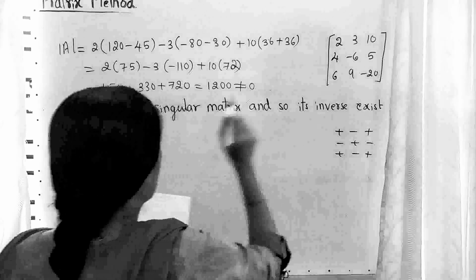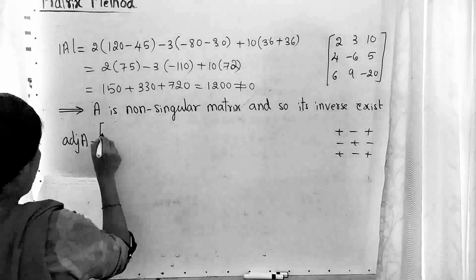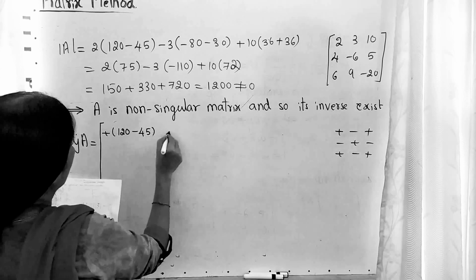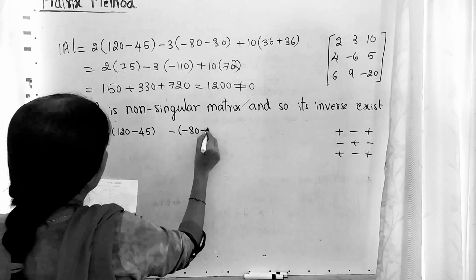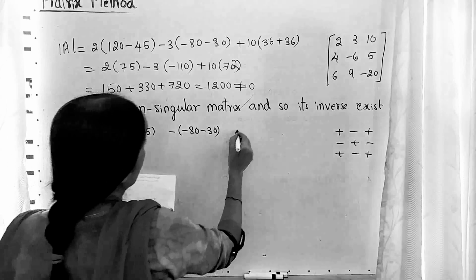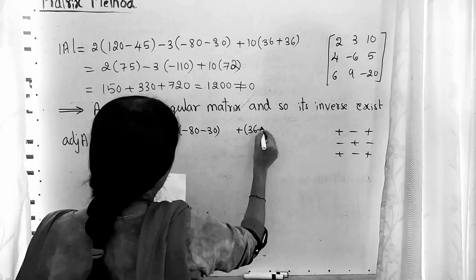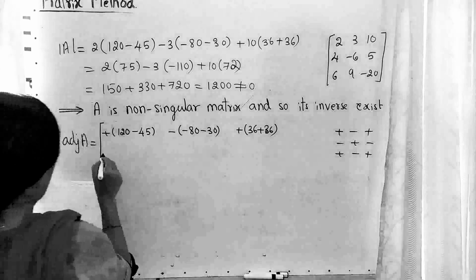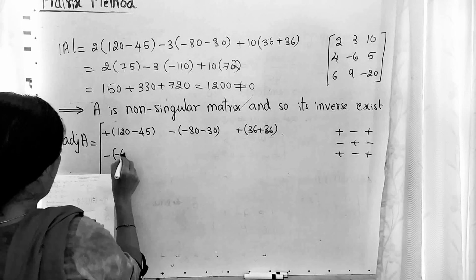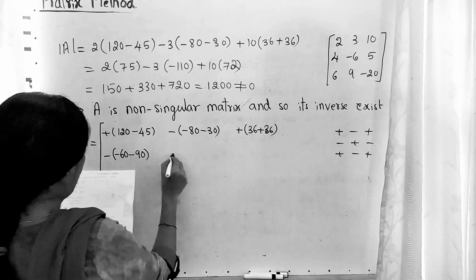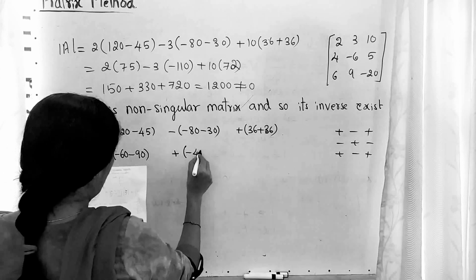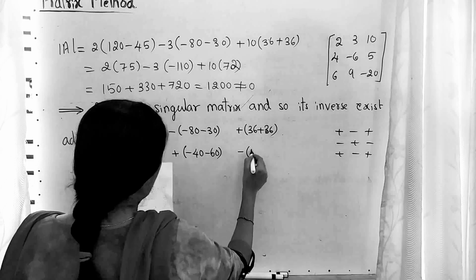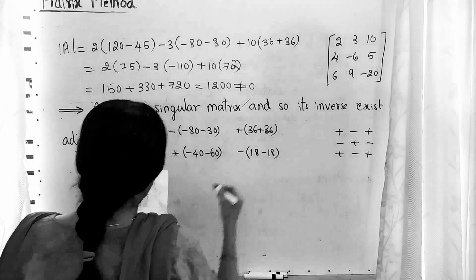Yes. So along with me, go on write this. It is 120 minus 45 minus 80, minus 30 plus 36 plus 36. Next, minus 60 minus 90, plus minus 40 minus 60, minus 18 minus 18.